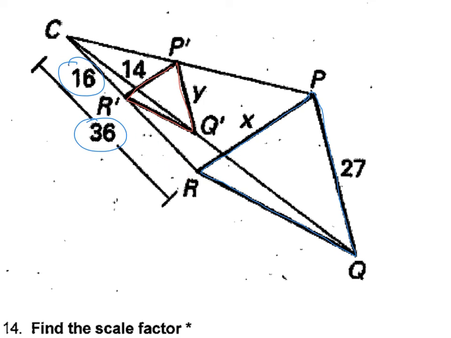So this alone should give us our scale factor. I would reduce that fraction I just wrote down for you, and that should give you the scale factor of this reduction. It's smaller. So good luck with that.